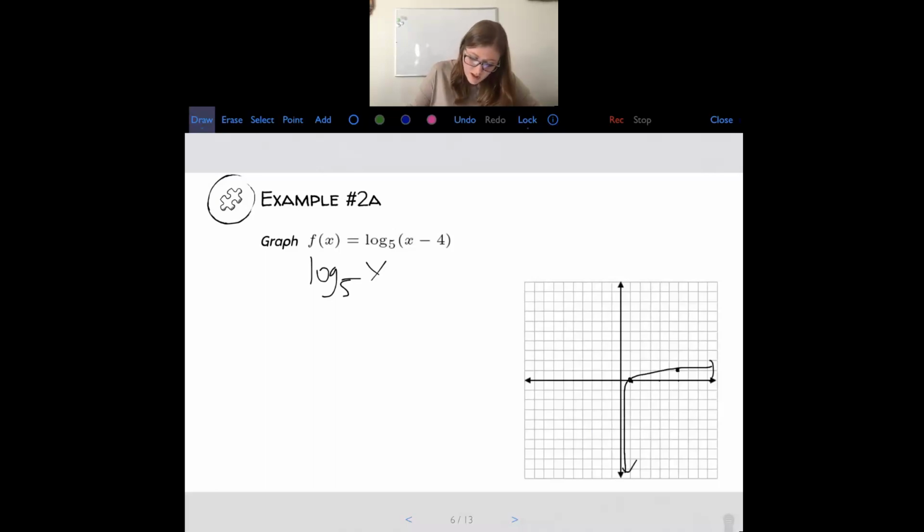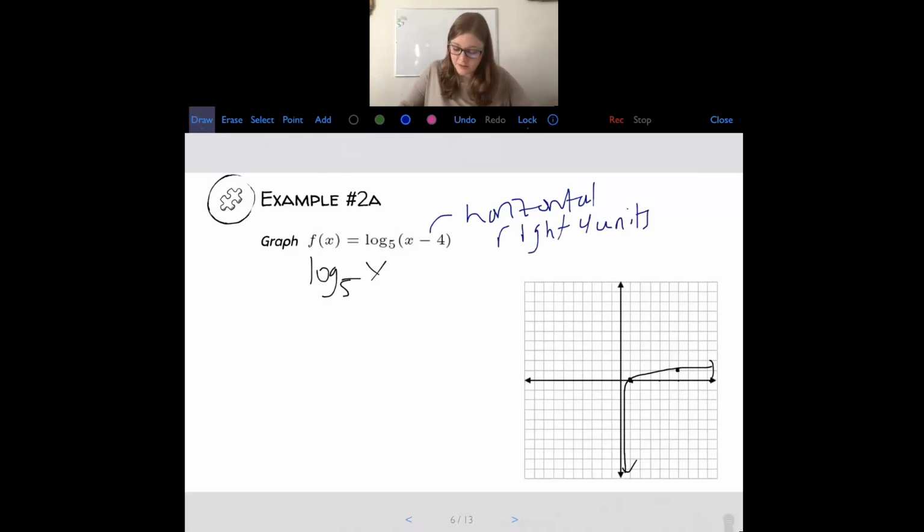Now this minus 4 is a horizontal shift, right 4 units. So everything moves to the right 4 units. We go 1, 2, 3, 4, 1, 2, 3, 4. And even our vertical asymptote moves over 4. Our asymptote was at x equals 0. It's now going to be at x equals 4.